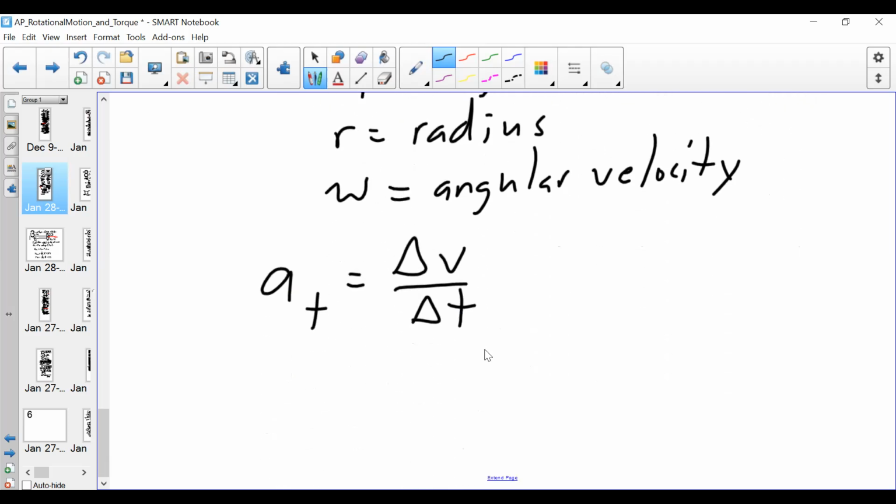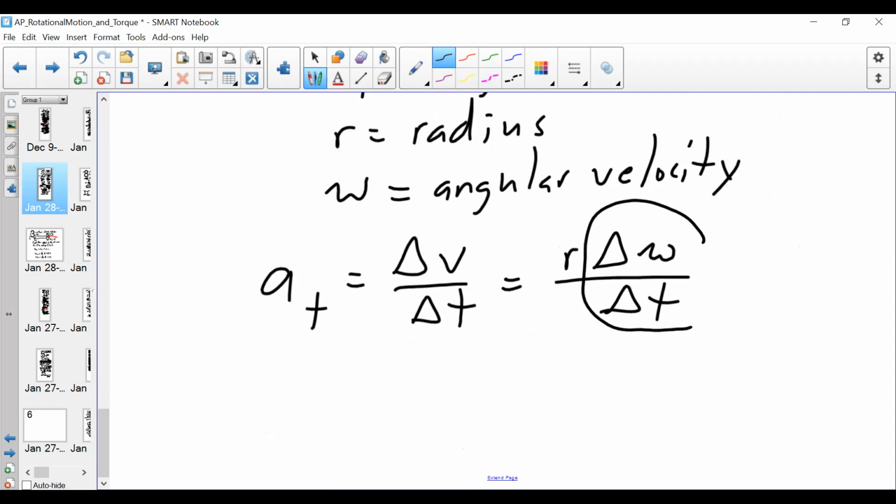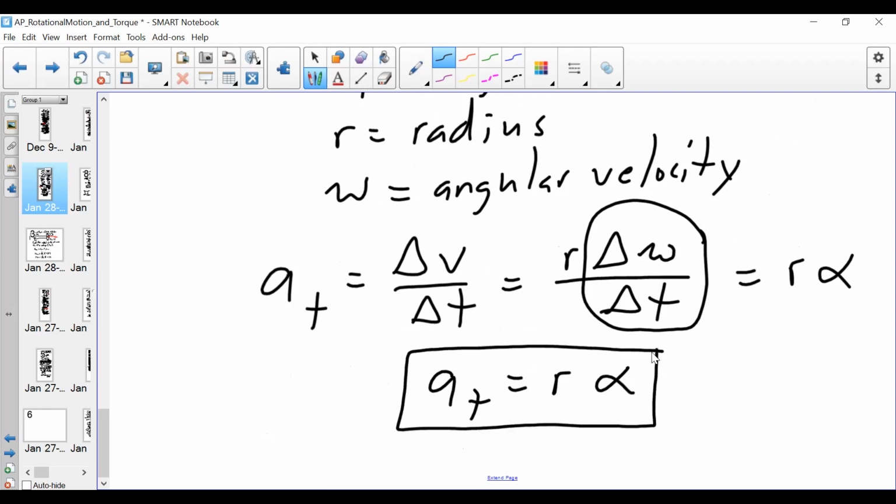Well, V is equal to r omega, so delta V is just going to be r delta omega over delta t, where delta omega over delta t is defined up top as angular acceleration. So that becomes our alpha. Our condensed tangential acceleration is going to be radius times angular acceleration.